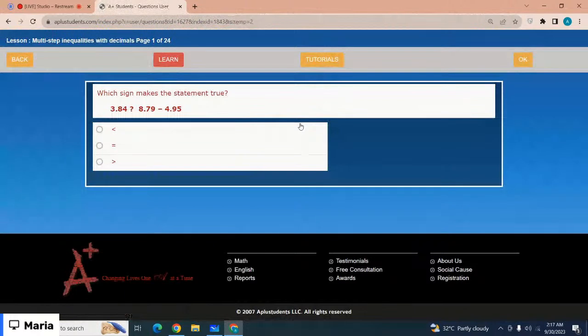Okay, the first one is which sign makes the statement true: 3.84, the missing sign, and 8.79 minus 4.95.